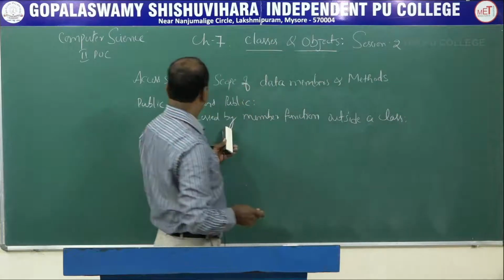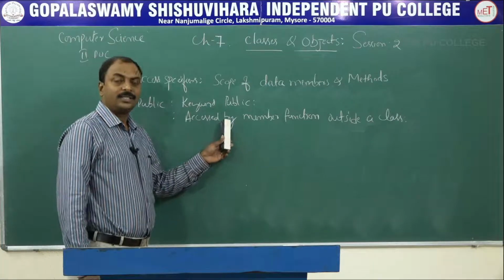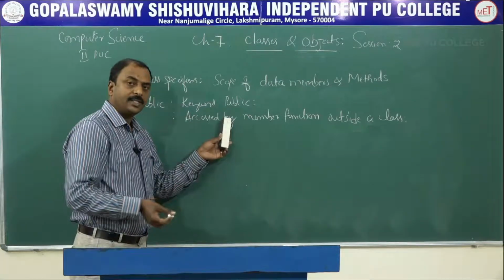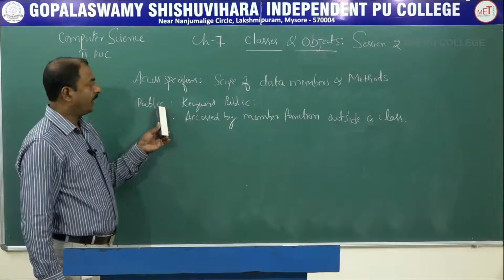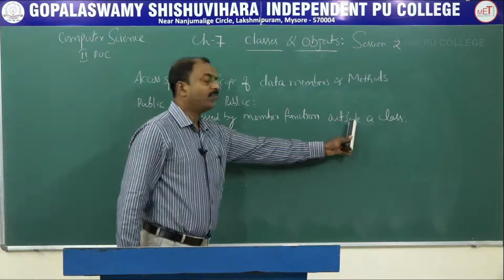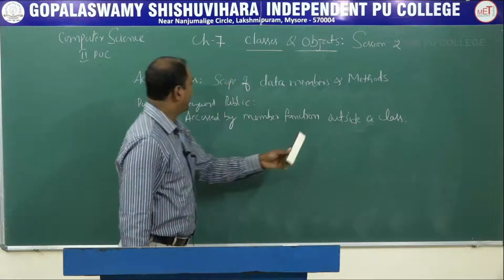What is the meaning of this? Suppose any member function is defined outside a class; even then these public members can be accessed by member functions which are defined and declared outside a particular class.